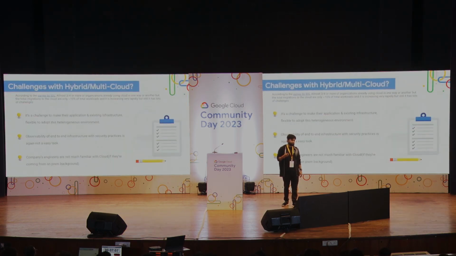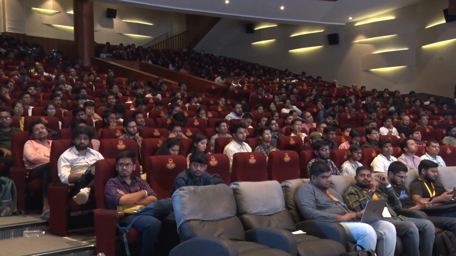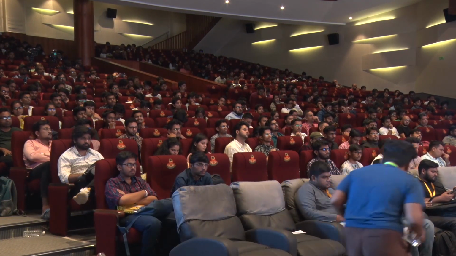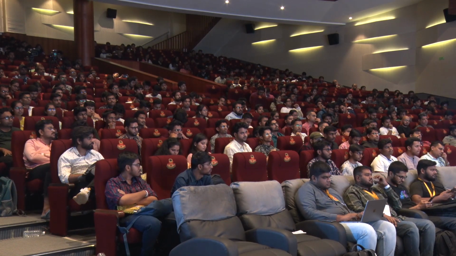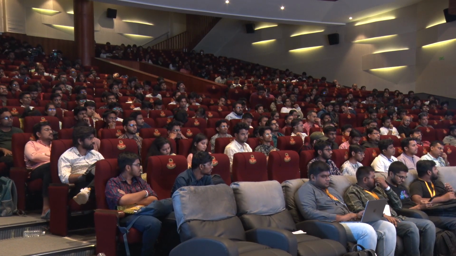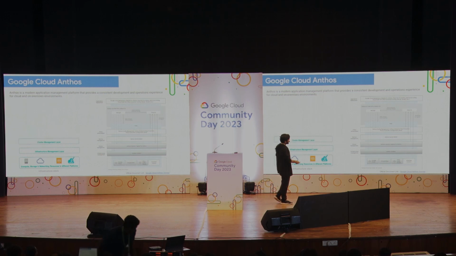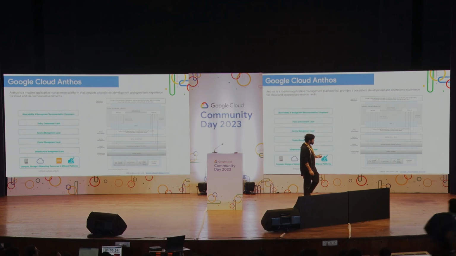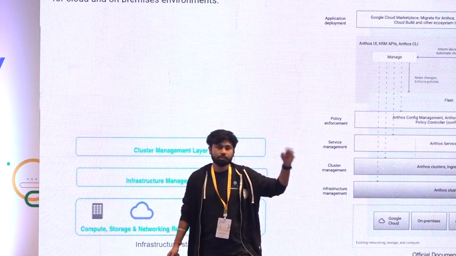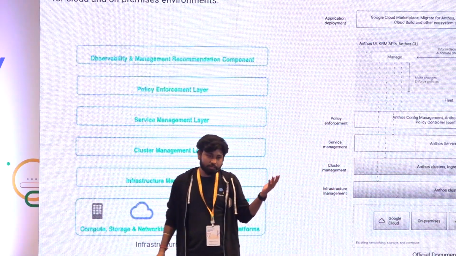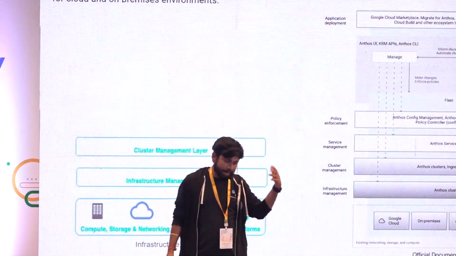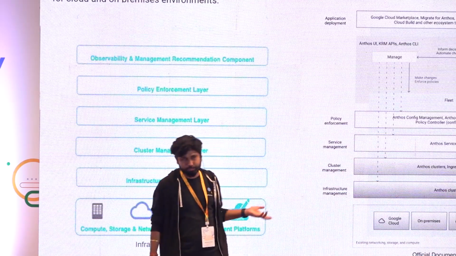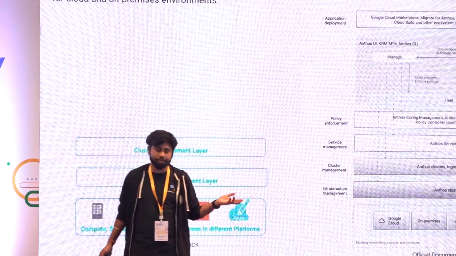Whatever problems I discussed here, we have some solution with Google Cloud. Anthos is the solution. If you see the high-level overview of Anthos, whenever I run an application, I first allocate a resource, either a virtual machine, Google Kubernetes Engine, or any Kubernetes solution in which my application is going to be hosted.